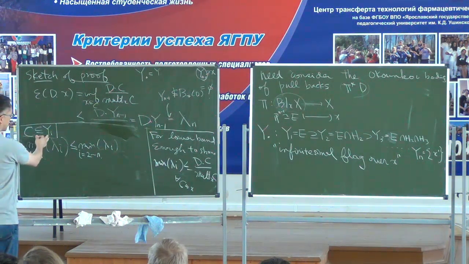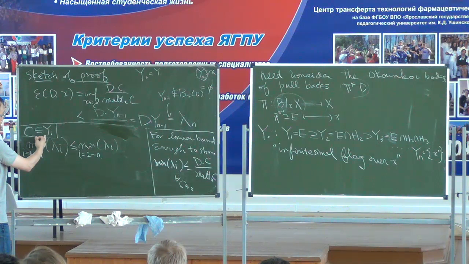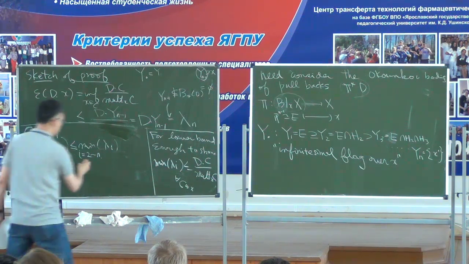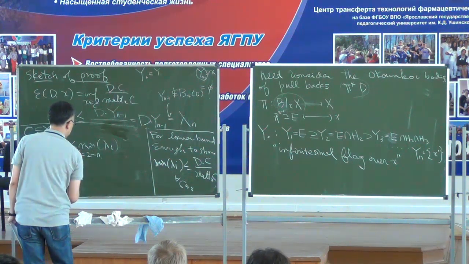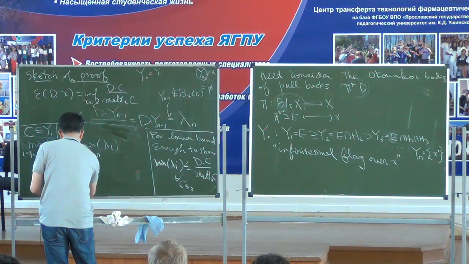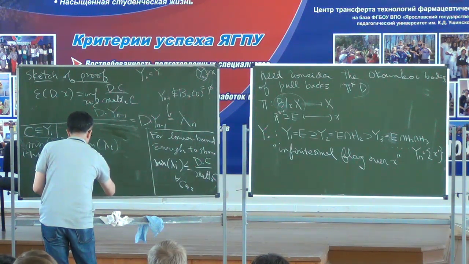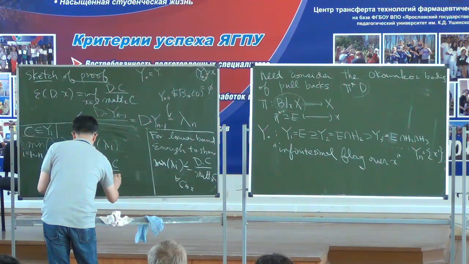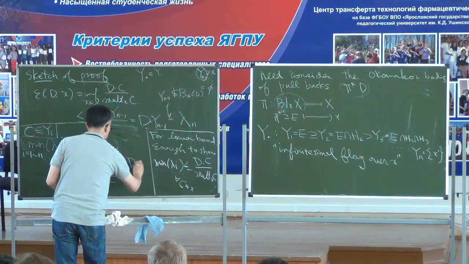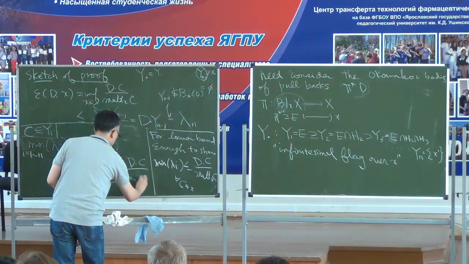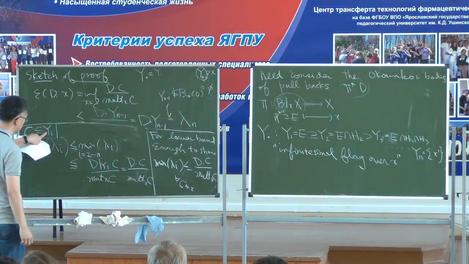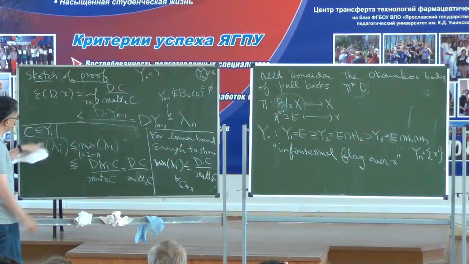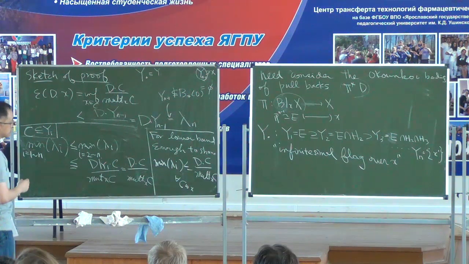Then we can restrict everything to Y1. So by induction, this is less than or equal to D|_{Y1}·C over the multiplicity of x on C, but this is just equal to the multiplicity. Okay, so this is the case when C is contained in the first component of the admissible flag.